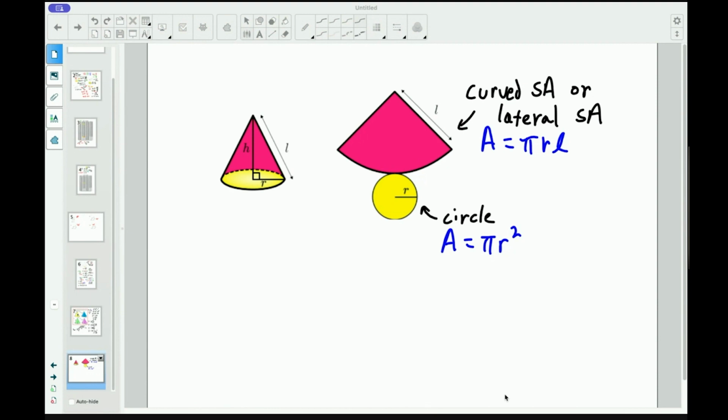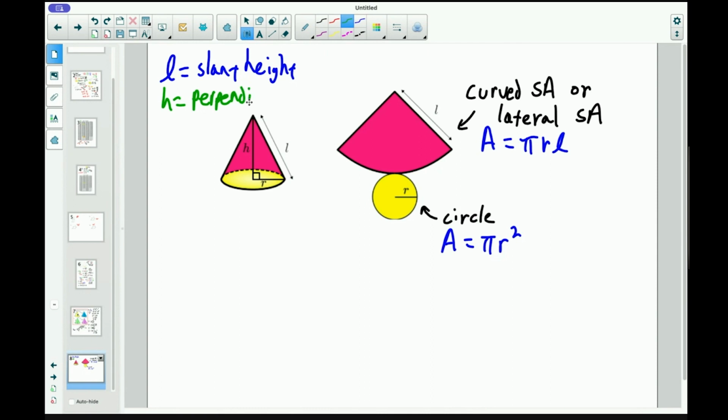I'll make a quick note here that L is equal to our slant height. H is equal to what we call the perpendicular height, and we call it that because this height is perpendicular to the ground.